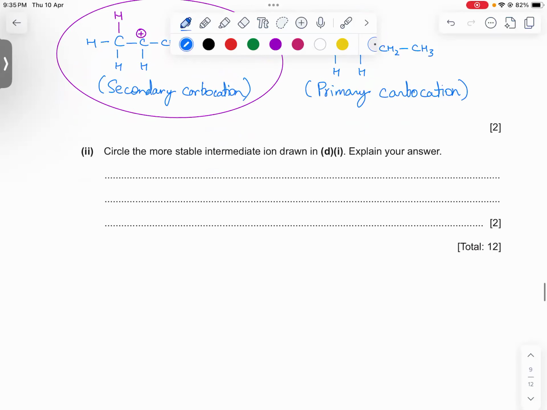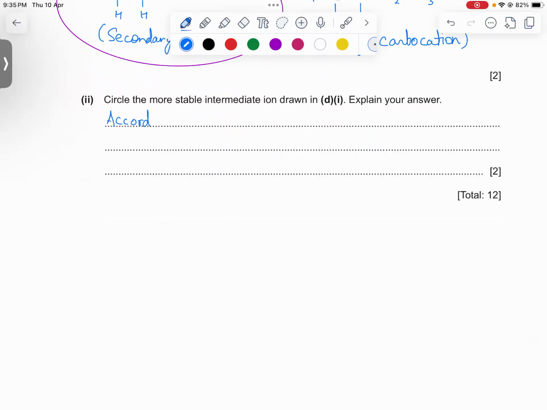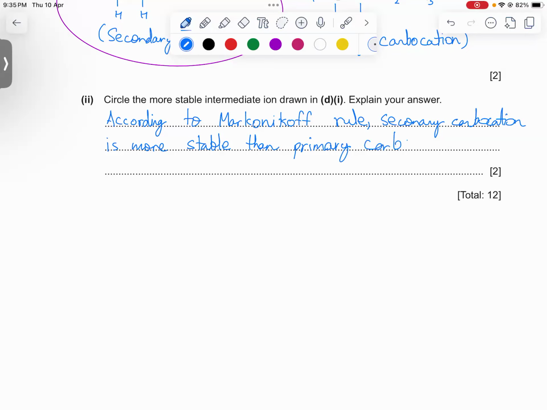Because according to Markovnikov's rule, the secondary carbocation is more stable than the primary carbocation because of increased positive inductive effect.